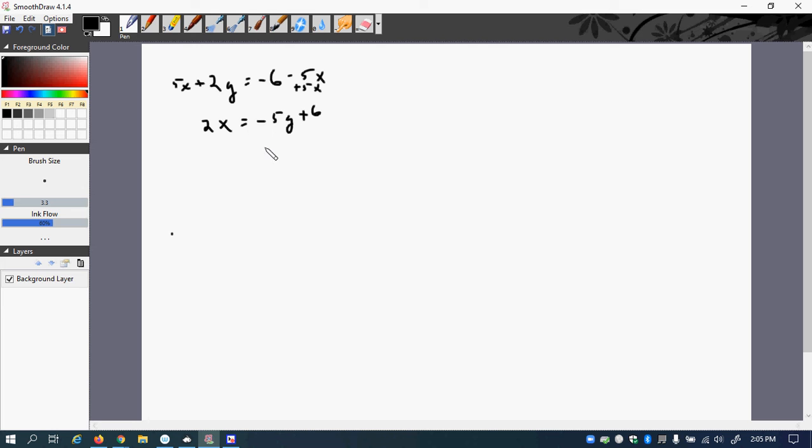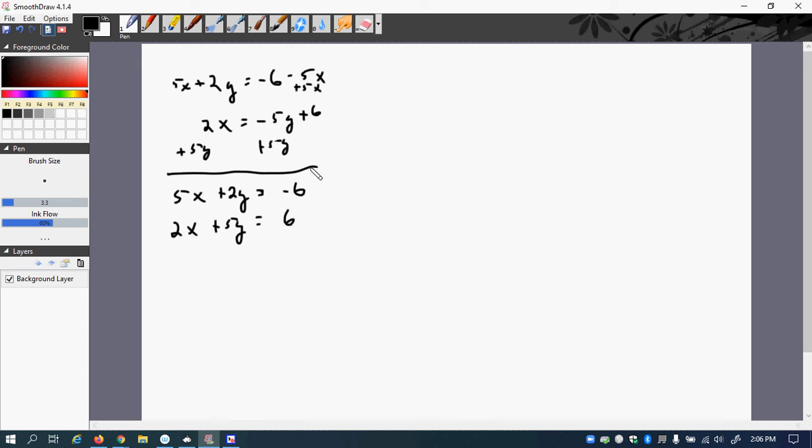And then I'm also going to add 5y to both sides. So now it looks like this: 5x plus 2y equal to negative 6. And then we have 2x plus 5y equal to 6. Okay, so that kind of organizes it all.